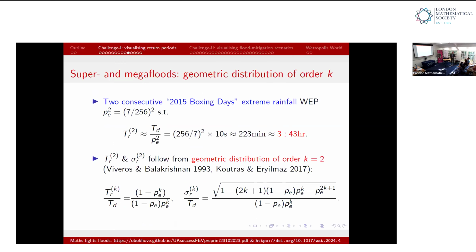Now, the Boxing Day flood in Leeds in 2015 occurred because there were 2 days, 48 hours, of extreme rainfall. I can look at that in Wetropolis. I can take 2 consecutive days with the Wetropolis exceedance probability, which is the square of 7 over 16.